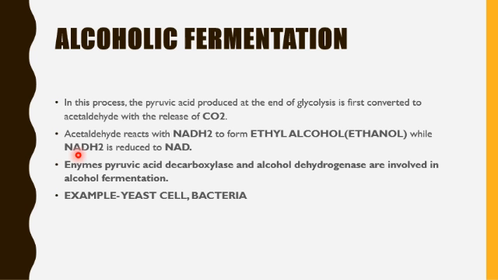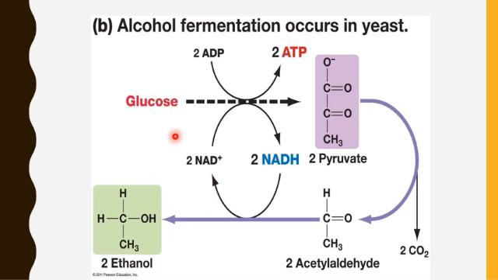Acetaldehyde reacts with NADH2 to form ethyl alcohol, that is ethanol, while NADH2 is oxidized to NAD. The enzymes pyruvic acid decarboxylase and alcohol dehydrogenase are involved in alcoholic fermentation. Examples are yeast cells and bacteria.